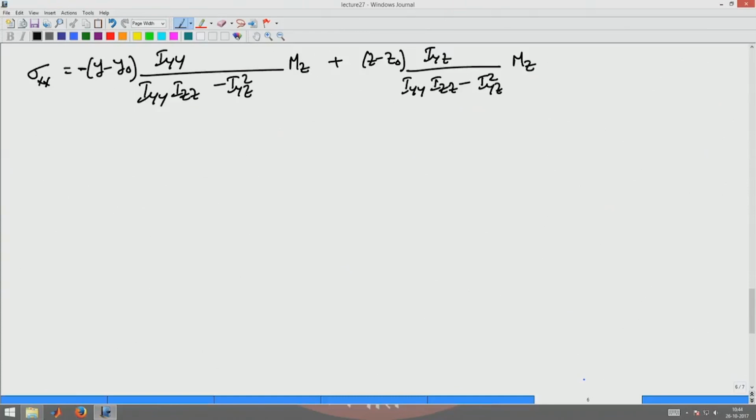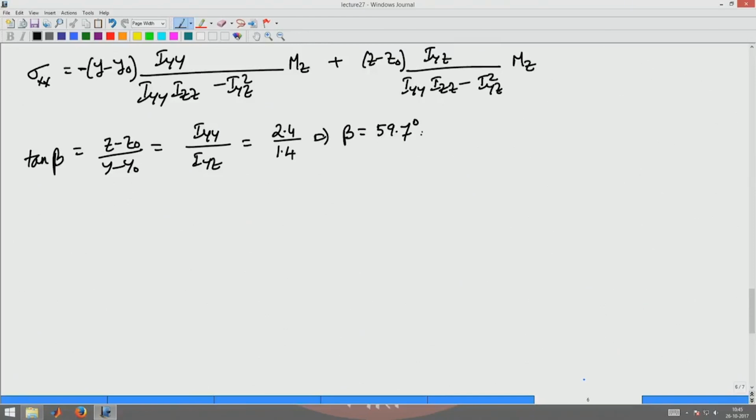Of interest is the neutral axis, that is the axis about which sigma xx is 0. You will find that the orientation of the neutral axis, tan beta, is given by (z minus z naught) by (y minus y naught), which is nothing but IYY divided by IYZ, and this is 2.4 divided by 1.4. This implies that beta, if you do the inverse of tan, will be 59.7 degrees.